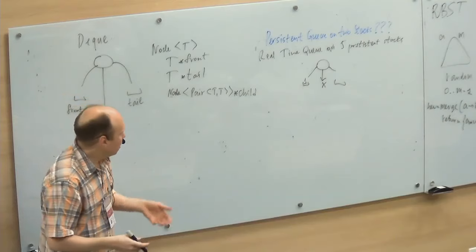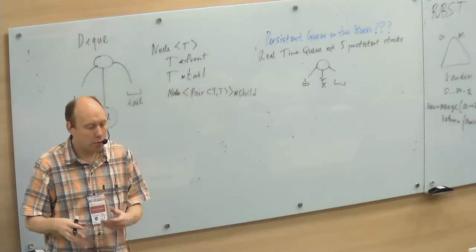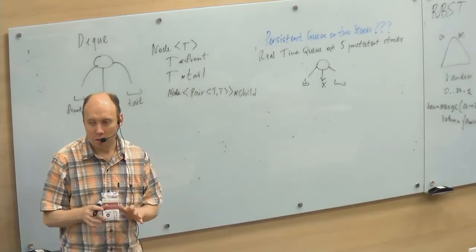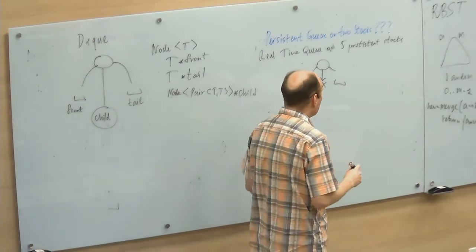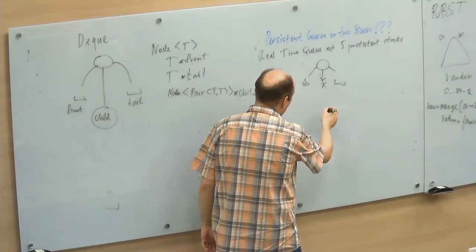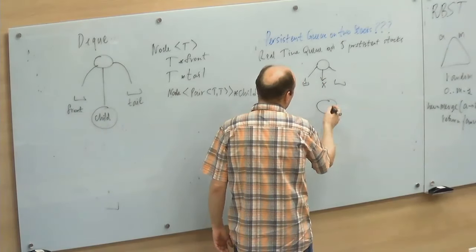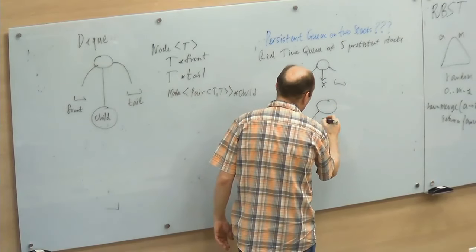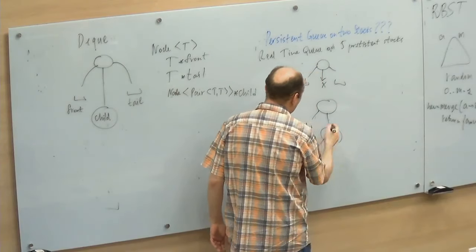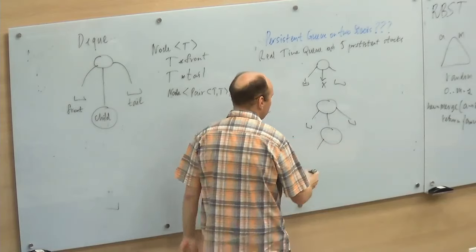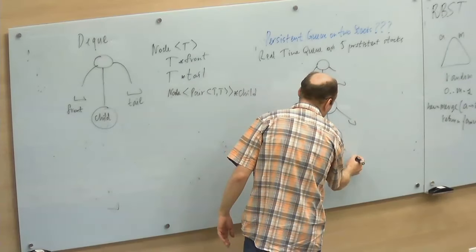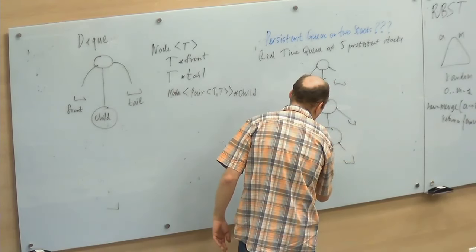If it's not persistent, it's unclear why we do this, but if we do, we can just change it. So if we push 2 here, the front becomes empty, the tail is still empty, and to the child we push the pair of 1, 2, or 2, 1.